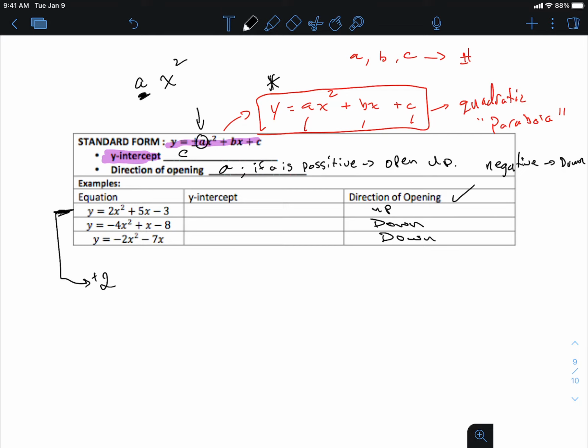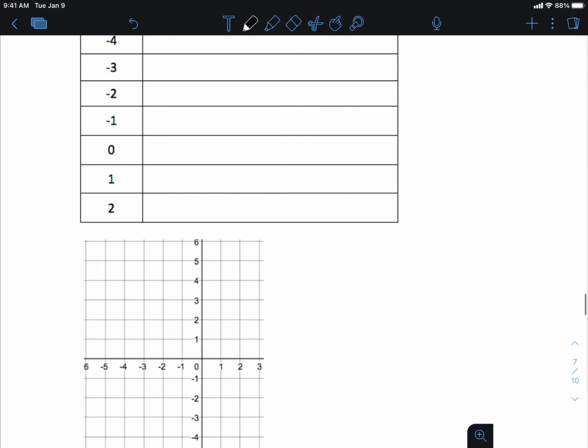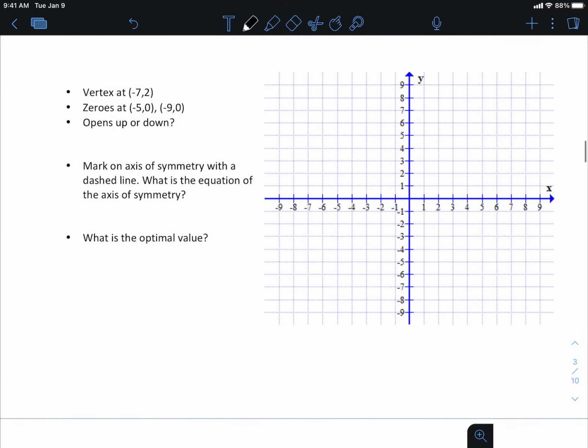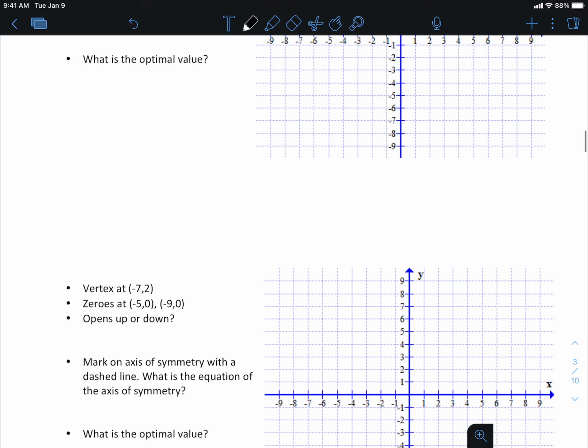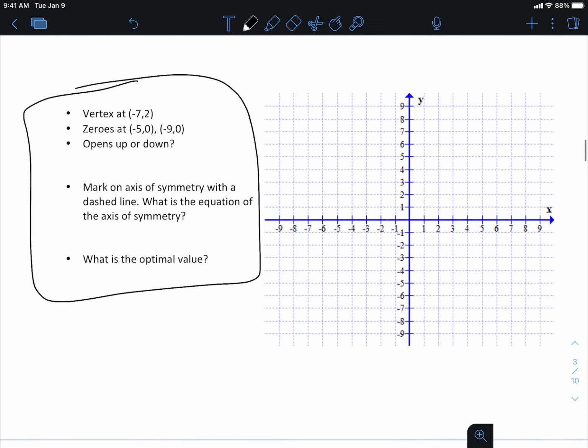And don't forget, if we scrolled up here and we looked at all the different kinds of information that we could find, like remember doing this, look at all the stuff that we can find. This is a very small subset of what we can actually find with a parabola. Very small. So just keep that in mind too.